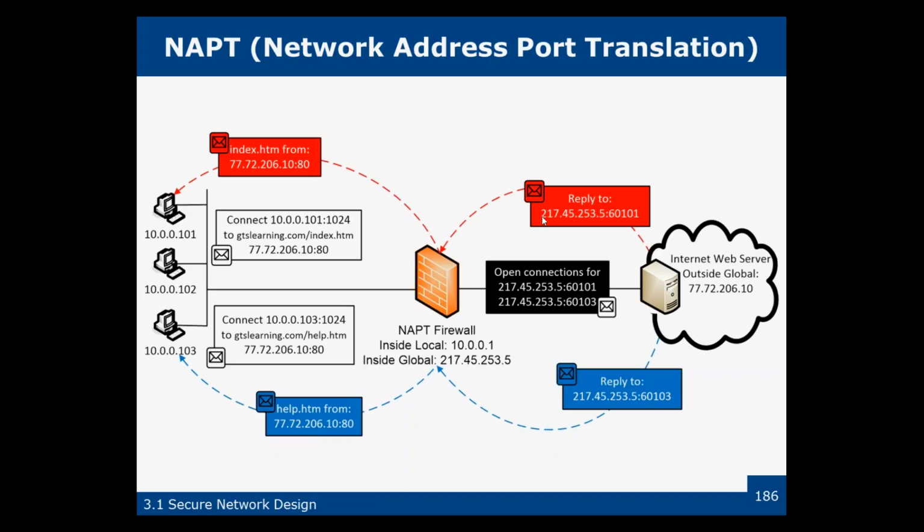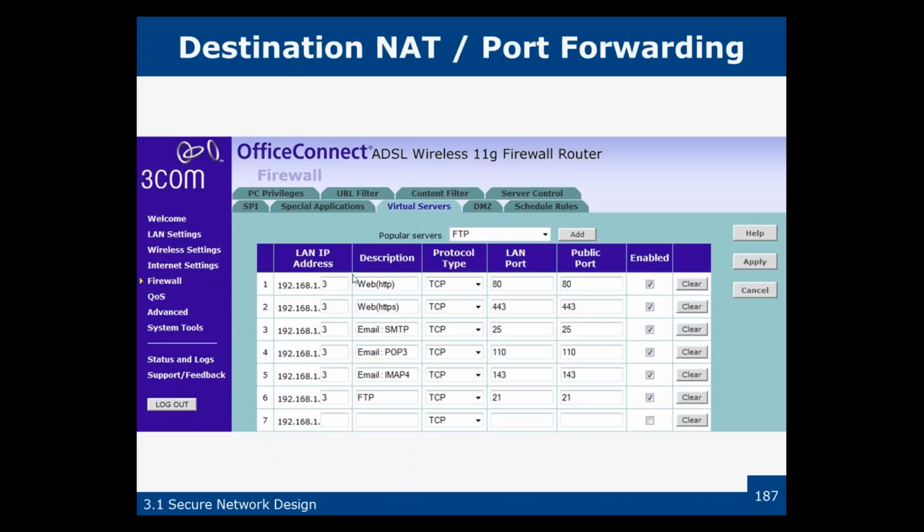When it comes back, it's mapped now to go back to the correct location. So instead of using a one-to-one IP address, we use a single IP address for everything, and we separate the connections by using high number port numbers for those systems.